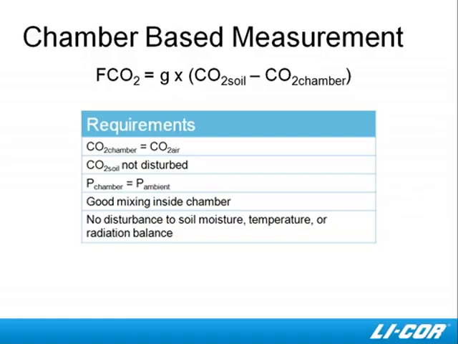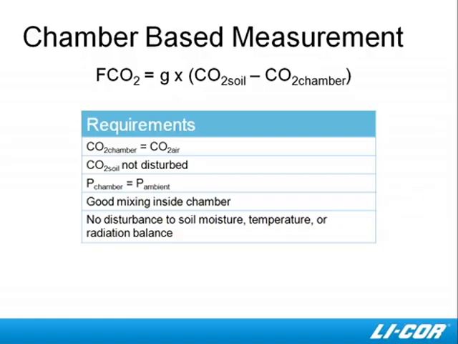There are really 5 criteria that we have to meet. The first is that our CO2 concentration in the chamber needs to equal the CO2 concentration in the air when we didn't have the chamber closed over the soil. That goes back to this being a diffusive flux.